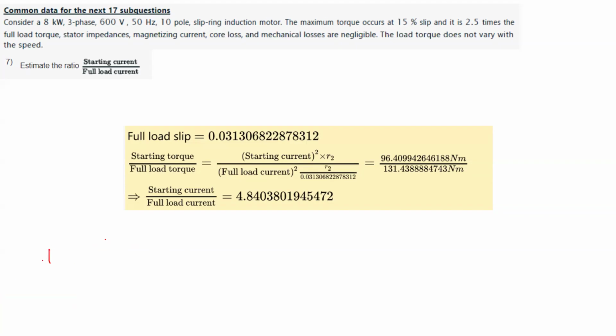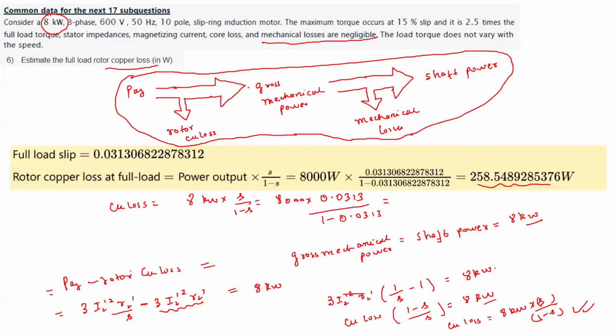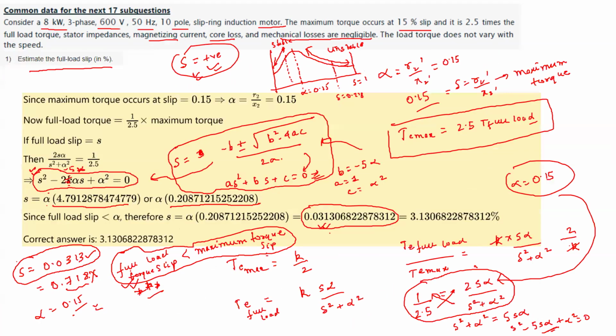We have seen that torque is equal to 3 I2 dash square R2 dash by S. Here the (1 minus S) factors cancel, so you are left with this.